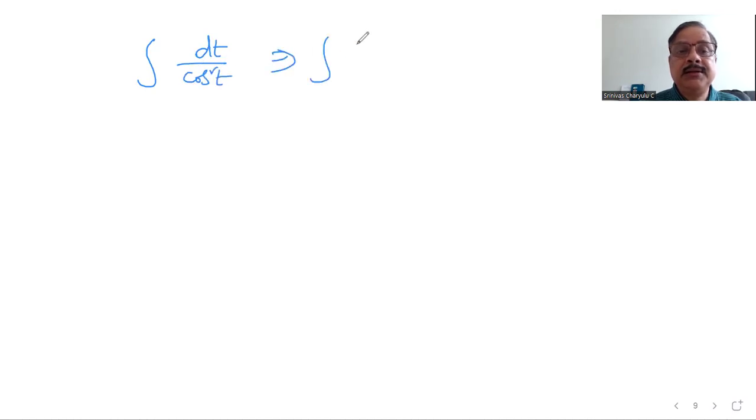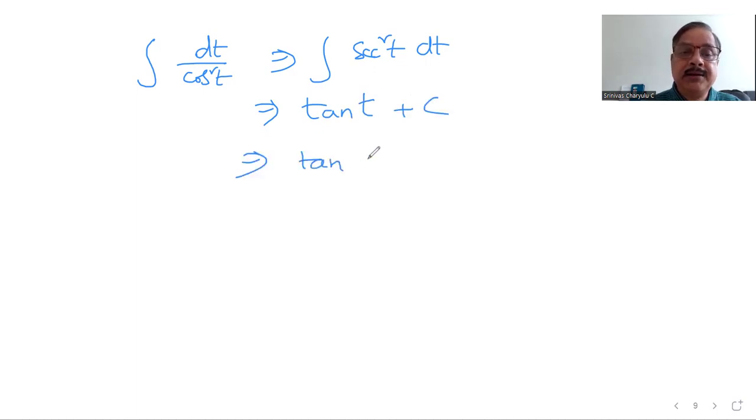You write it as secant squared t dt, which is nothing but tan t plus c. Tan t is nothing but tan of x e to the power of x plus c, because we called t as x e to the power of x.